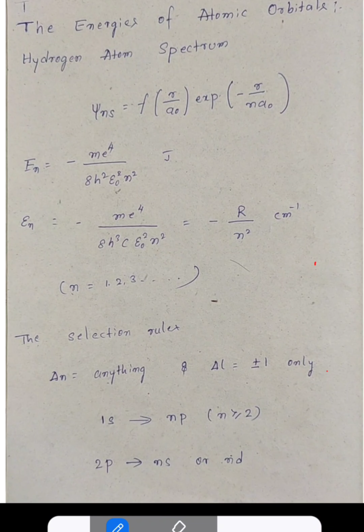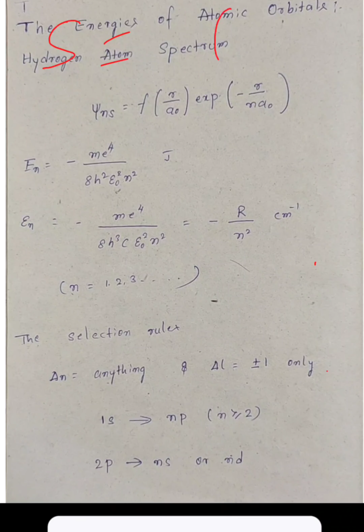So we study the selection rule. Here I already told there are a number of shells present: S shell, P shell, D shell, F shell, and so on. So we have the S shell, S orbit.